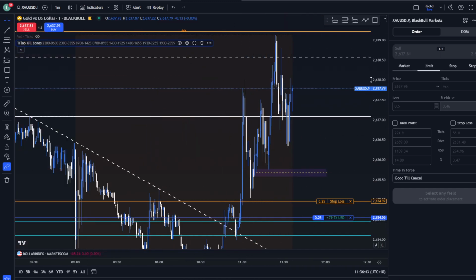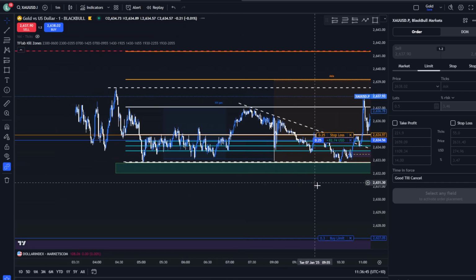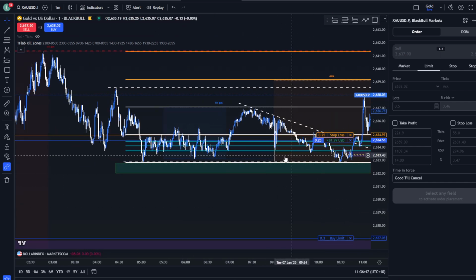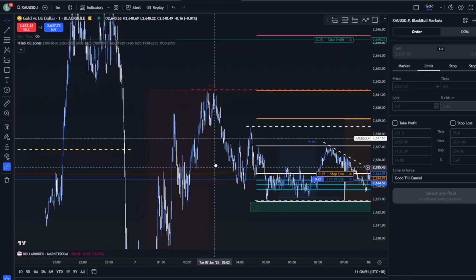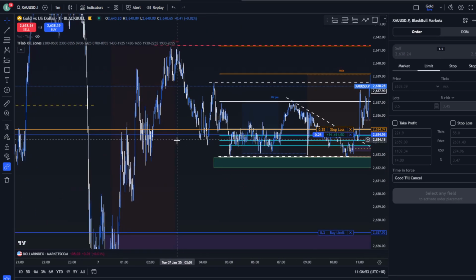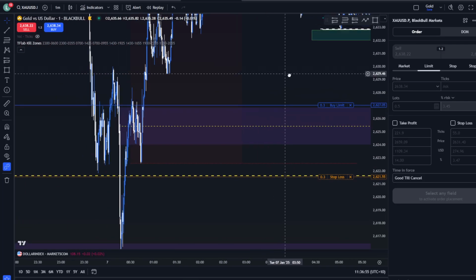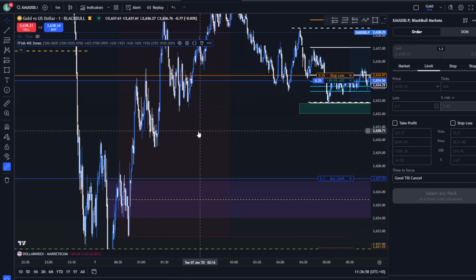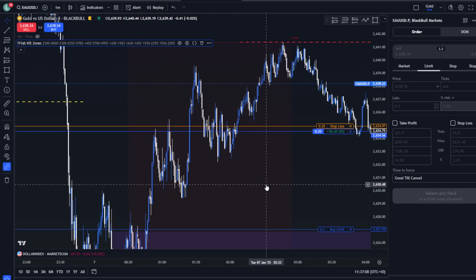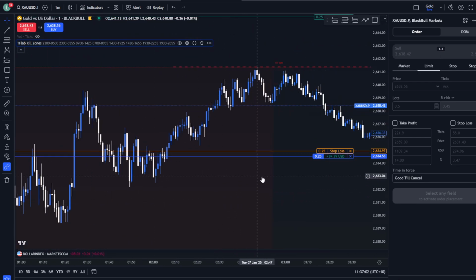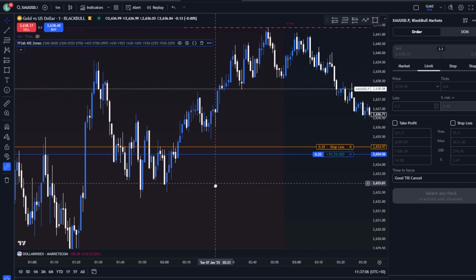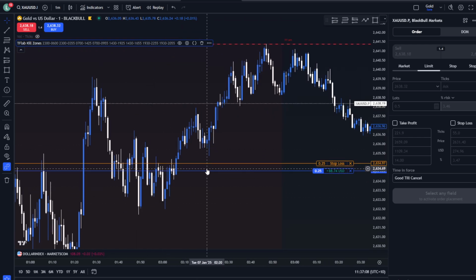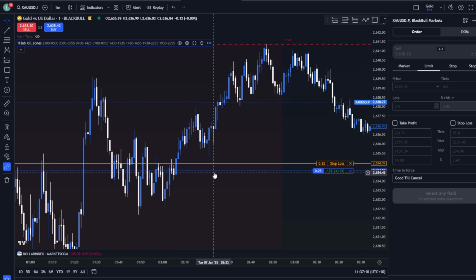I can find some examples. Where is a liquidity grab? You could say something like this comes up, and you'd be targeting your order block somewhere here.